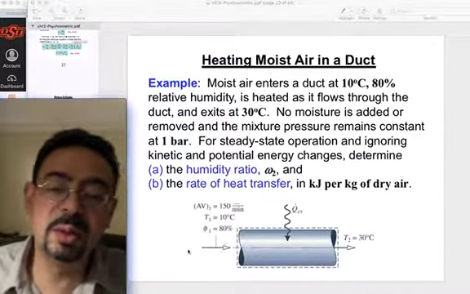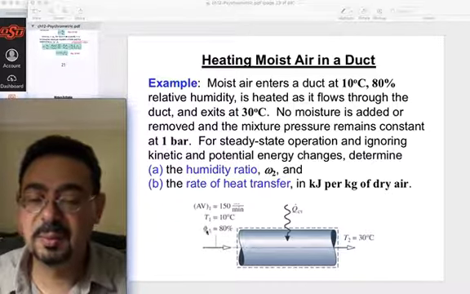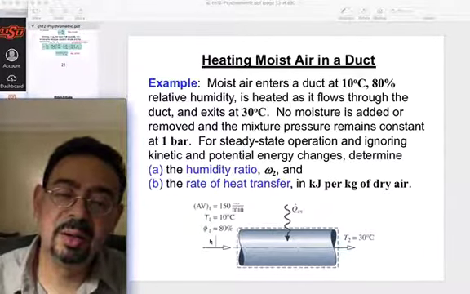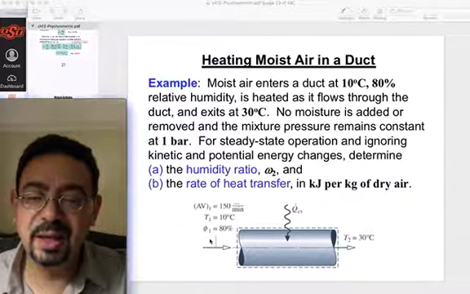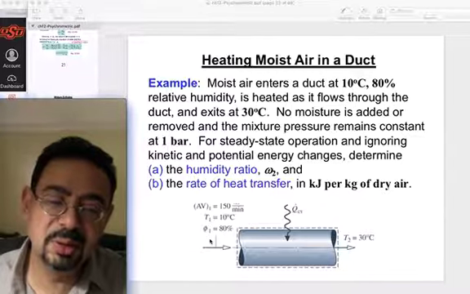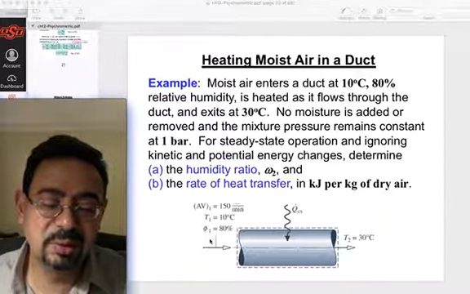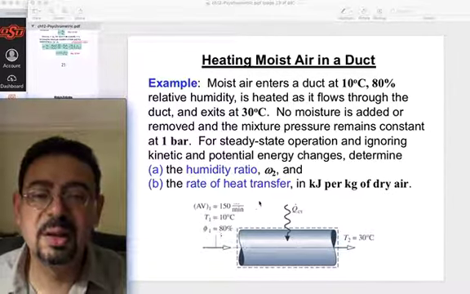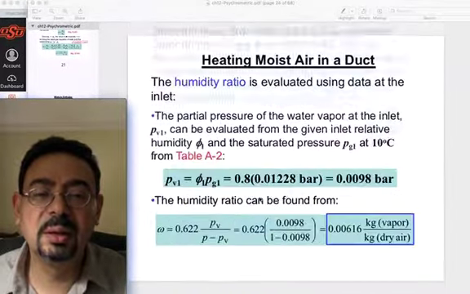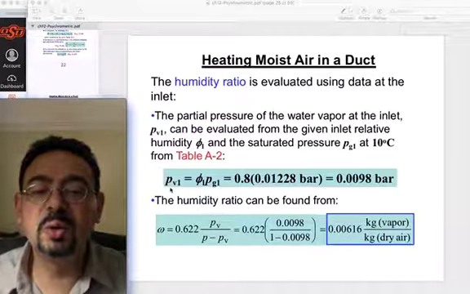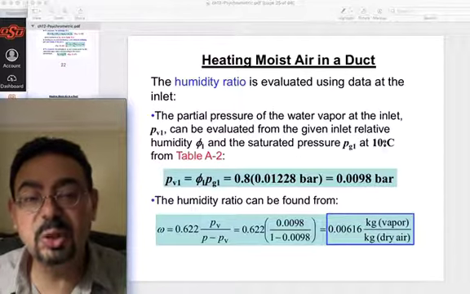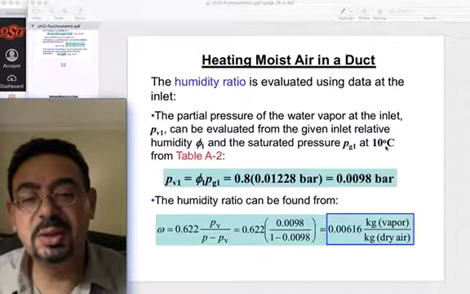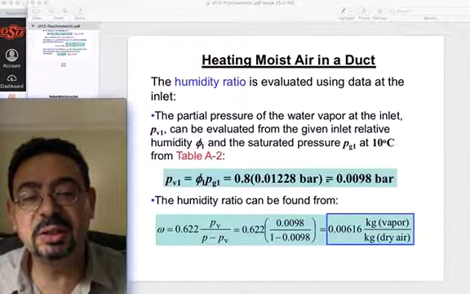Why can I get it at 1? Because I have my phi. Remember, if we know phi, then we know P vapor, and if we know P vapor, we have the omega equation, 0.622 P vapor over P air minus P vapor. So you have your phi 1 of 0.8, and you can get P g 1. How? At 10 degrees C, open the steam table and find the saturation pressure, which should be 0.01228 bar.